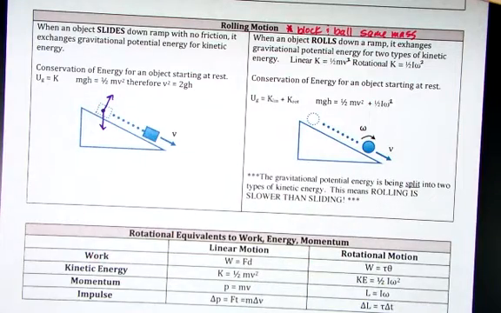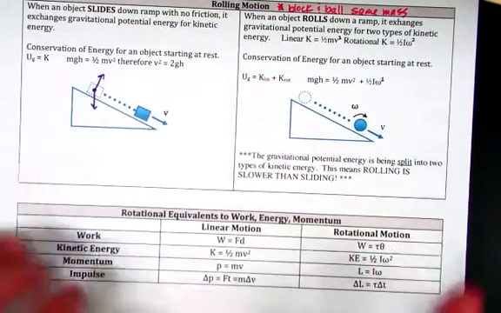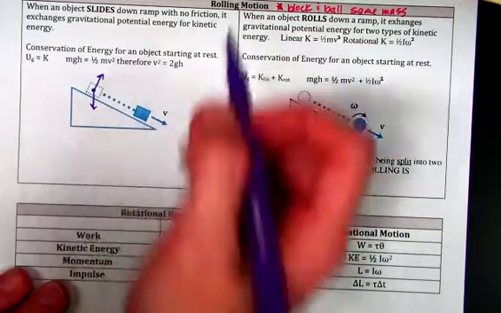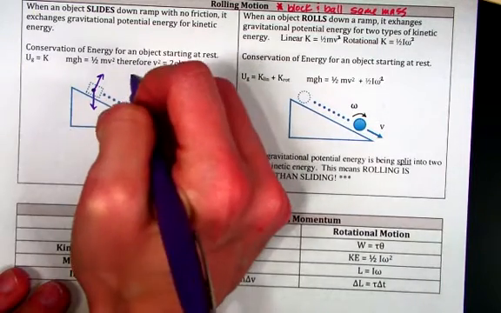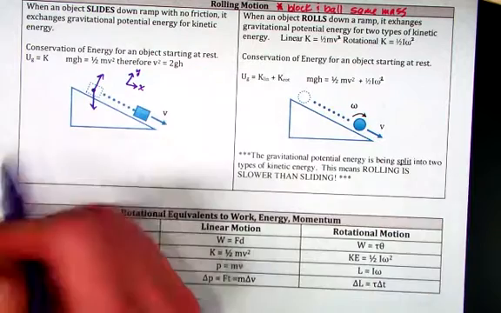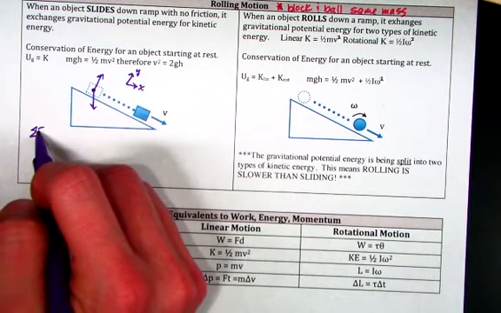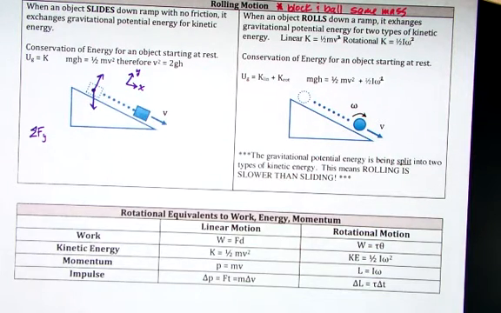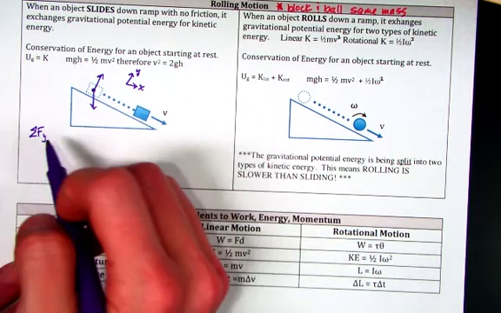All right, so let's talk about some of the forces and determine the directions. This is going to be y, and this is x. If I do the net force in the y direction, what is the net force in the y direction equal to? It's equal to 0.